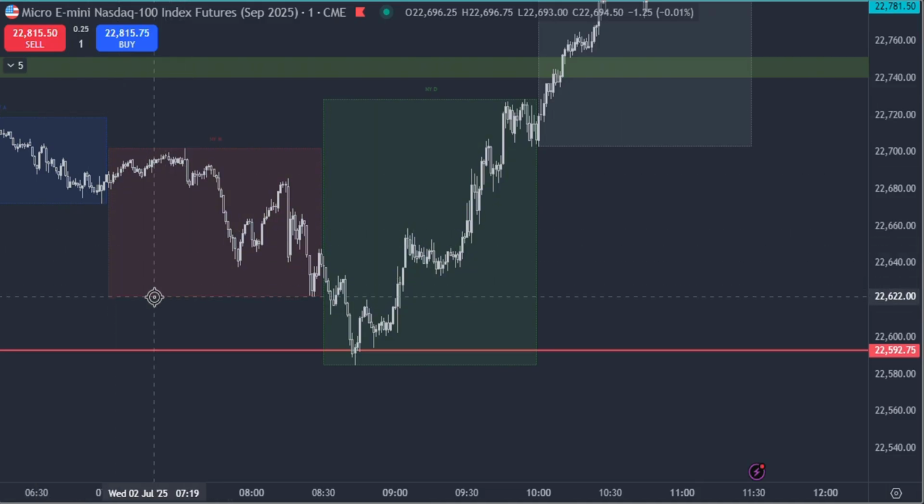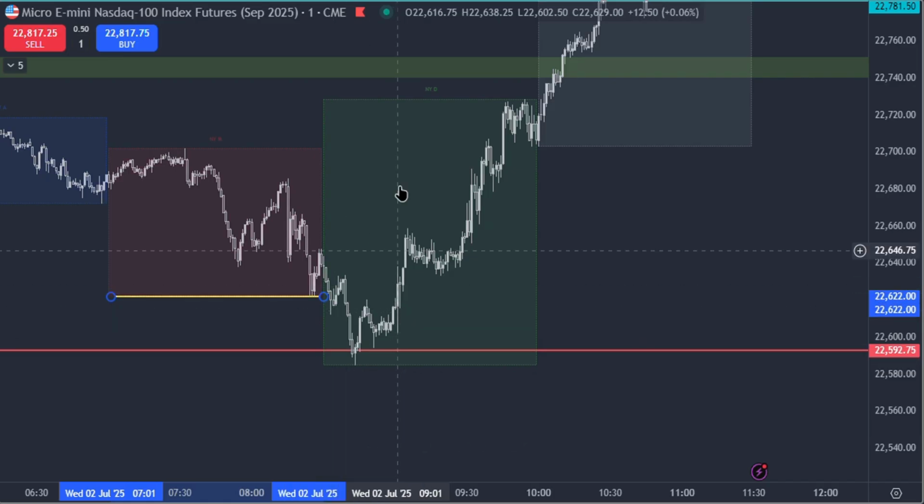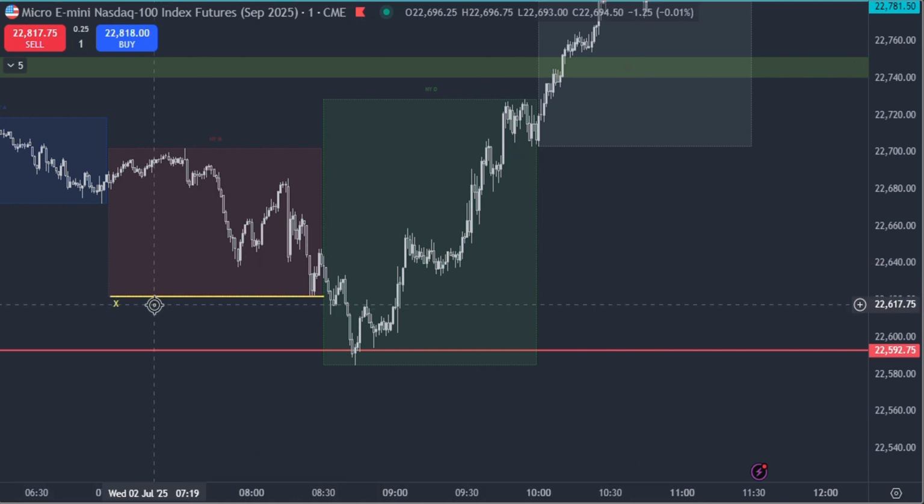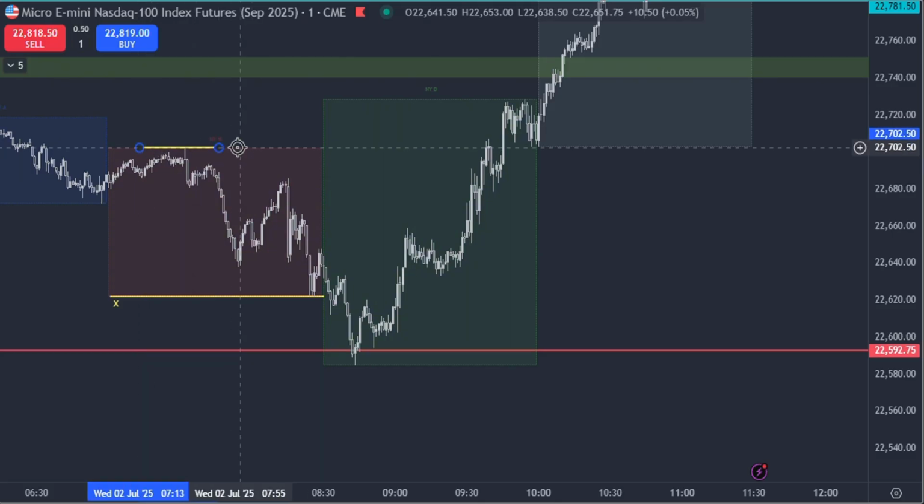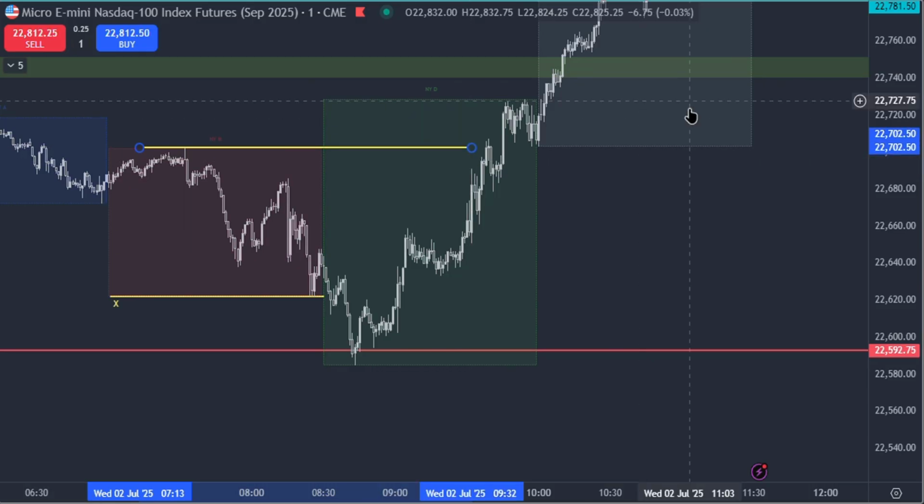So here is the low of our previous 90-minute cycle, right? We sweep it. This is what we did right here. We swept it, and then we're going to target the high. That is our buy side liquidity.